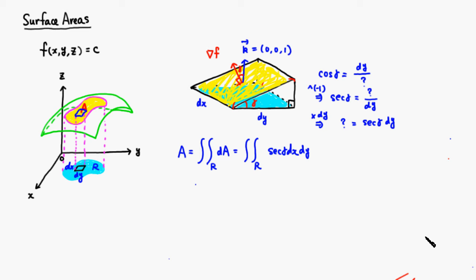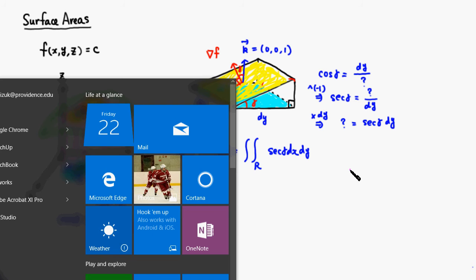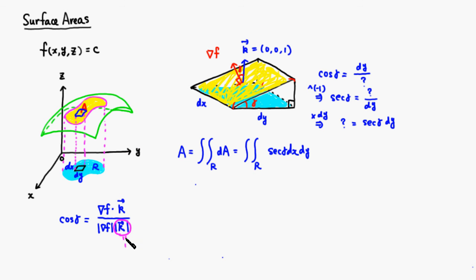So let's find the cosine of gamma. With two vectors, you take the dot product and then divide by the magnitude of each vector. But here we know that k is a unit vector, so its magnitude is 1, and we're not going to write that.